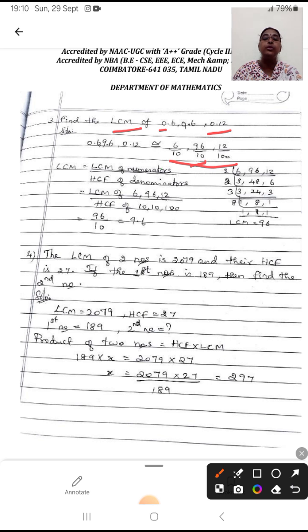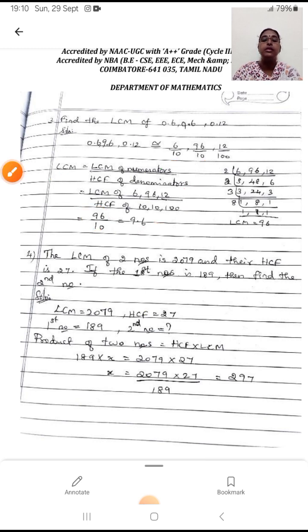The formula is LCM of numerators divided by HCF of denominators. For 6, 96, 12, the LCM is 96. For the denominators 10, 10, 100, the HCF is 10. If we substitute these two, we get the answer as 9.6. This way we can easily calculate.